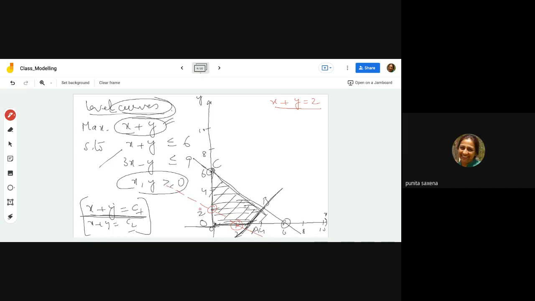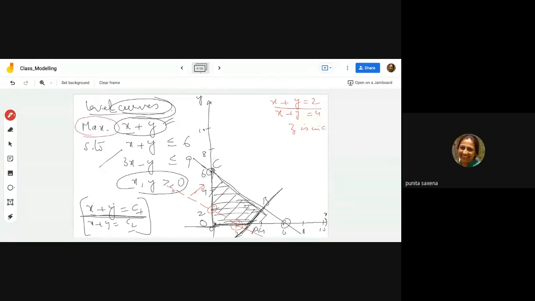Now, say you put x plus y equal to 4. Again you get another straight line, so you are getting a set of parallel lines. As you move this line in this direction, the value of z is increasing, and your objective was to maximize z.